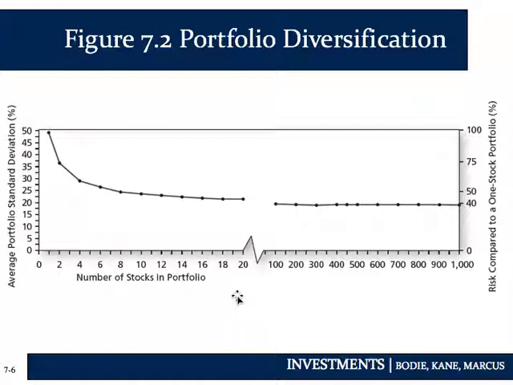And it flattens out quite a bit after about 30, 40 stocks, to where there's really not a big difference in whether you hold 30 or 40 stocks, or whether you hold 200, 300, 400 stocks. So once you've got it diversified enough that you can diversify away the chances of one boat collapsing, which is my analogy, then you've diversified pretty much enough to get rid of that portion of the risk in your portfolio. In other words, one boat collapsing won't sink your whole investment.